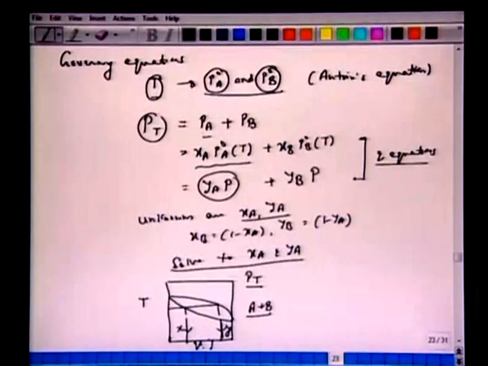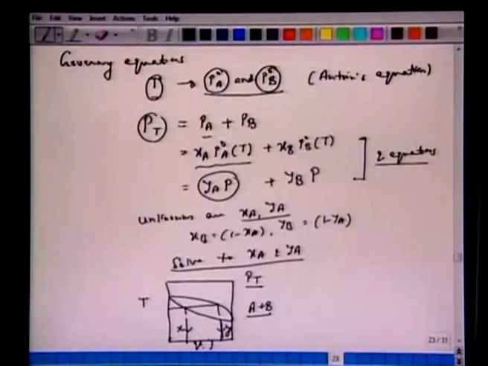Okay. So this is a small calculation we have done to calculate x and y for a given pressure and temperature. Of course, we need to know the vapor pressure of A and B given by some correlations or Antoine's equations or from some handout.